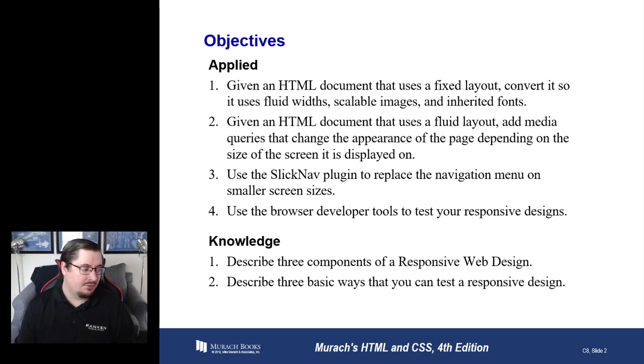And we'll also look a little bit at inherited fonts, or inherited font sizes more specifically. Through this, you should be able to take a page that's already in a fluid layout and add media queries that change its appearance based on the size of the screen that it's shown on. So it may have one layout on desktop and another layout on mobile.